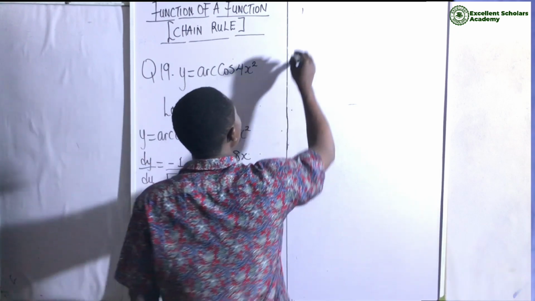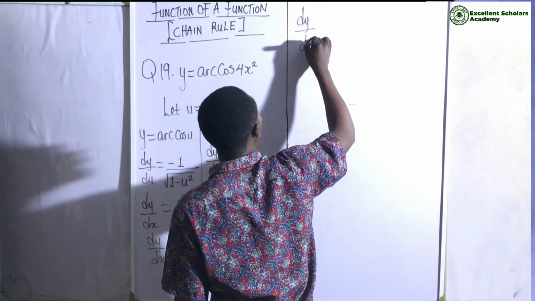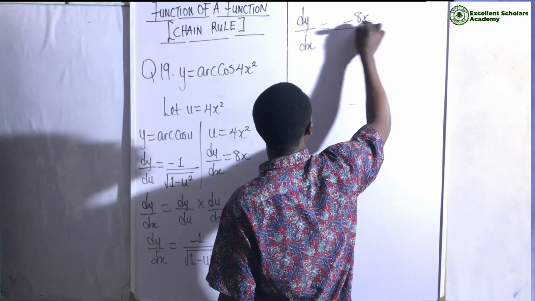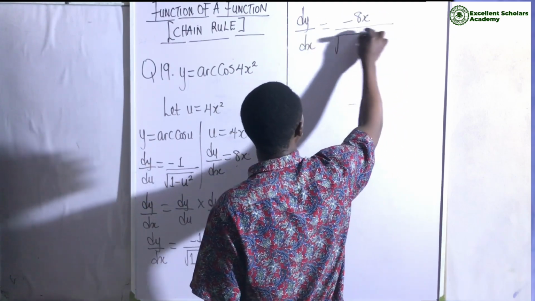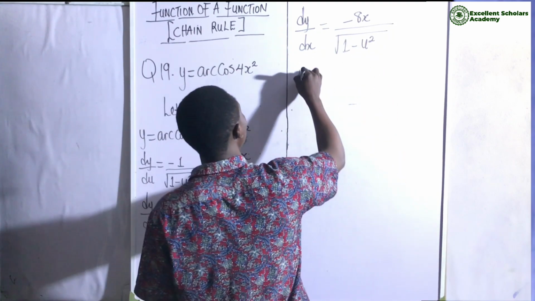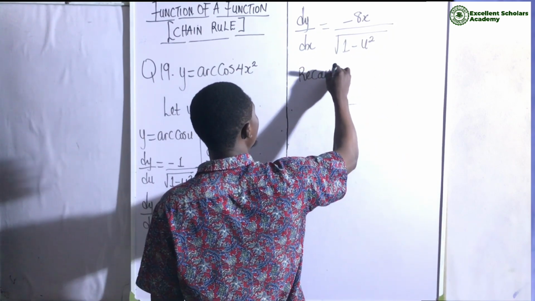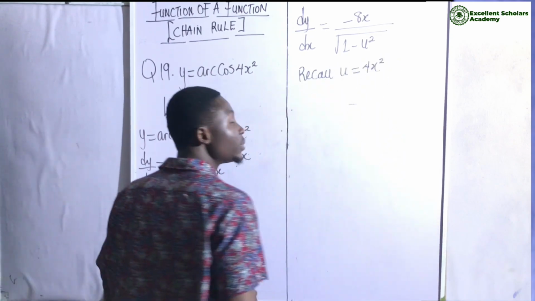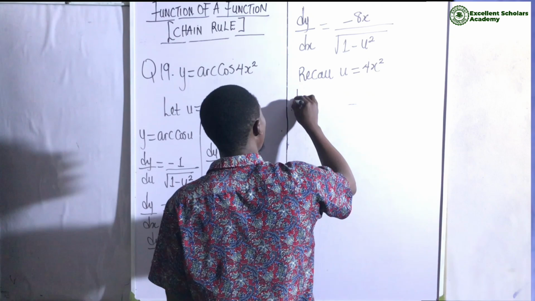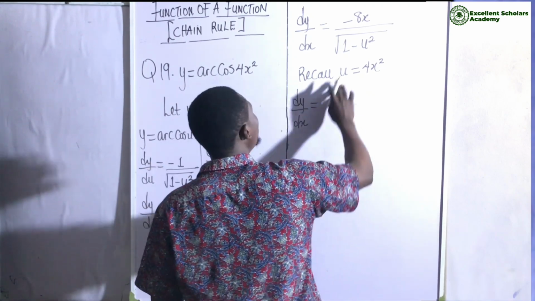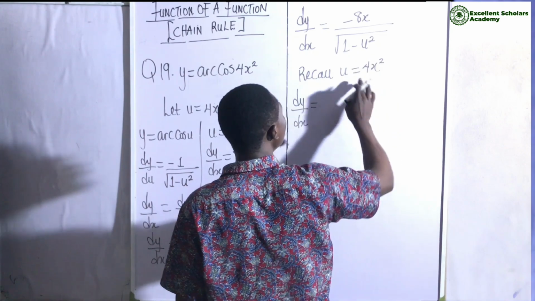So this becomes that dy dx will be equal to minus 8x over square root of 1 minus u squared. Now recall that u equals 4x squared.